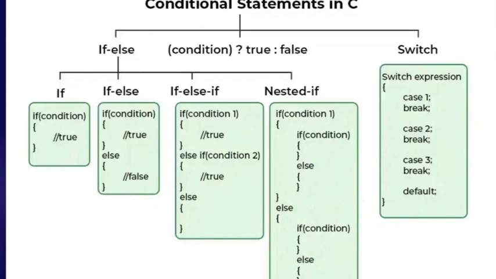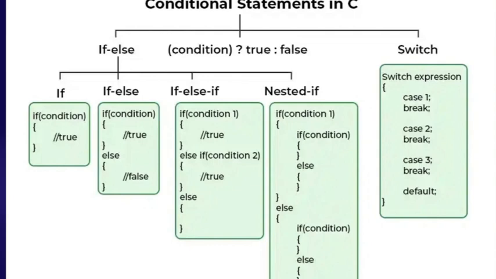Some of the conditional statements used in the C language are if else and switch. Under if else we have different categories like if, if else, else if, nested if. In an if condition, if the condition is true it returns true. If else means if the condition is true it returns true, else it will return false.